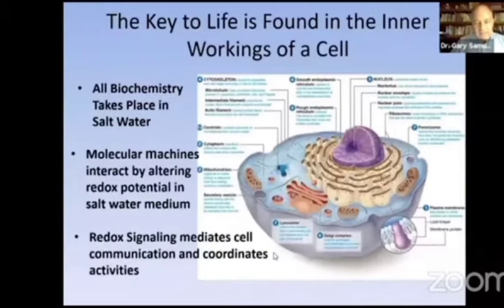And the cell helps to communicate and coordinate all of these very diverse activities inside by using oxidation of oxygen or salt water, which also includes some other things that are like hypochlorites and such.